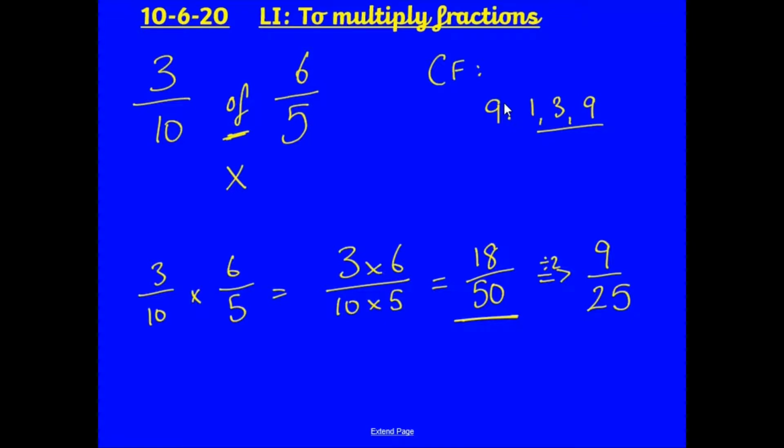Therefore, do they have a common factor between 9 and 25? Well, 1, yes, but that wouldn't change my answer. 3. 25 divided by 3, would that give me a whole number? Nope, it would not. And 9. 25 divided by 9, would that give me a whole number? No, it would not. So therefore, they do not share any common factors, and this is as simplified as I can get.